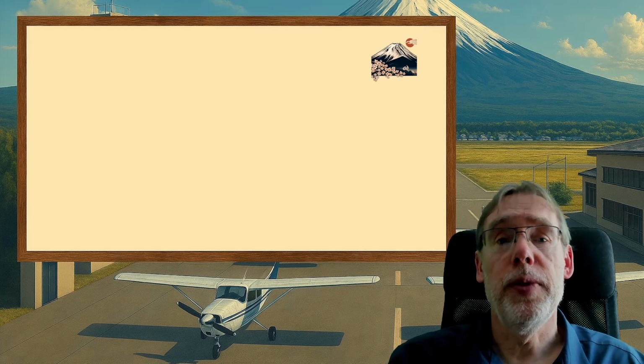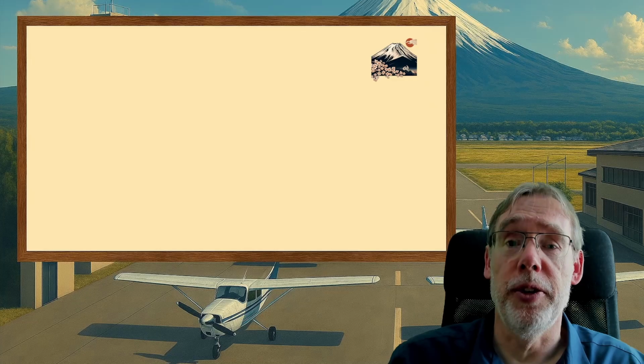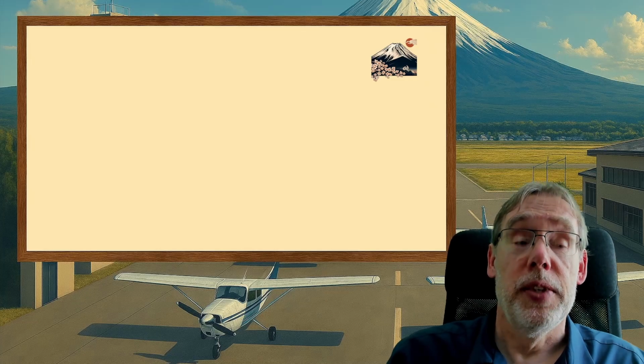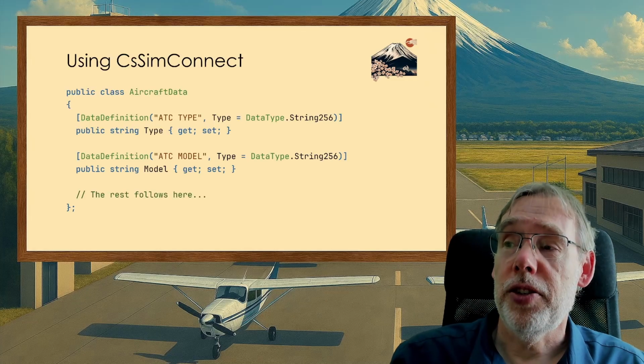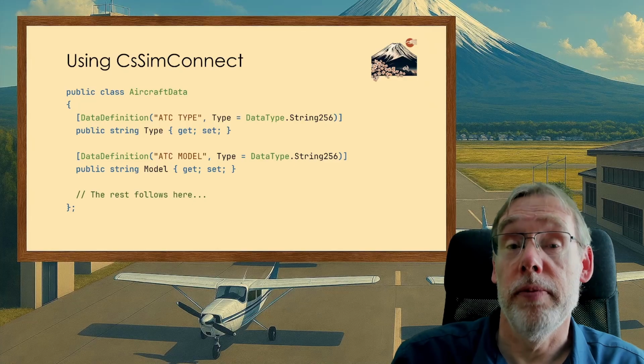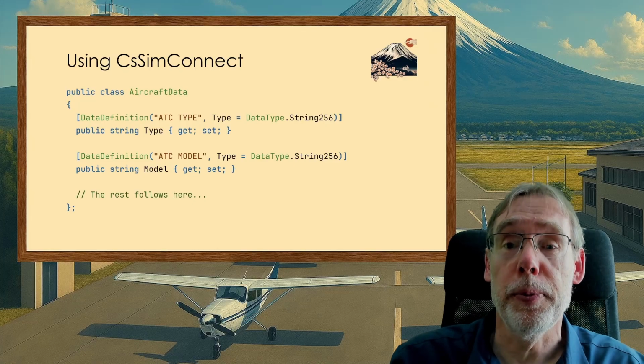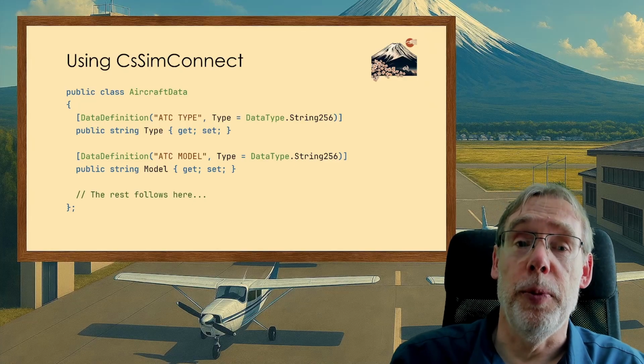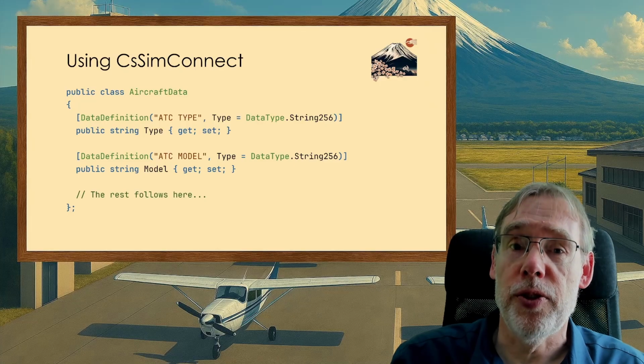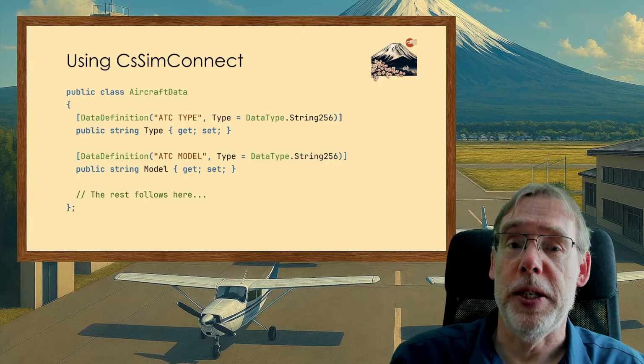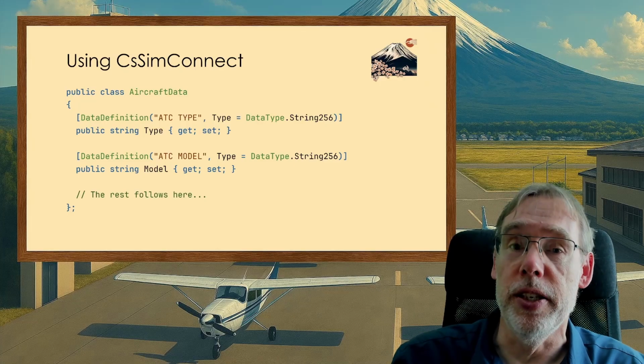In C#, using the C and CsSimConnect library, I can do this. Each field in this class has an annotation, it's called an attribute in C#, that specifies the simulation variable, the transfer type, and can also specify any other details needed.